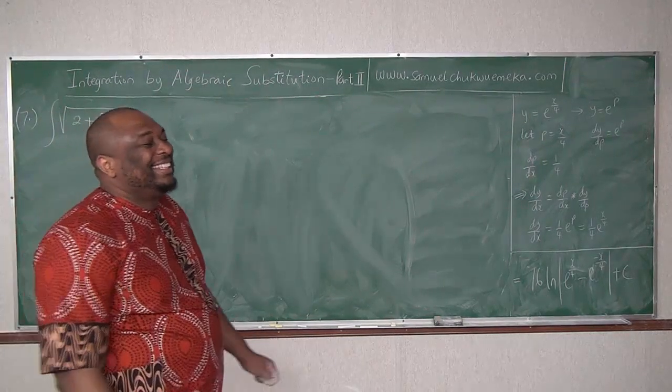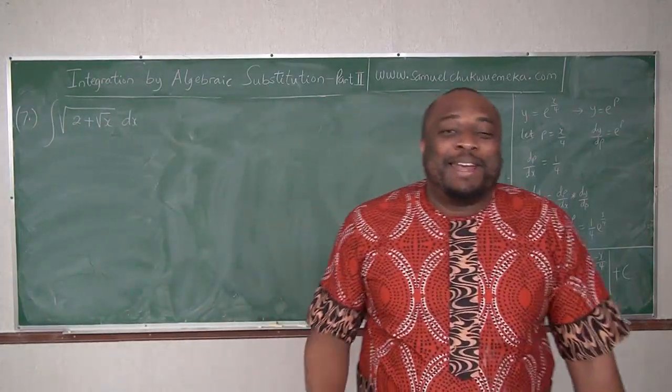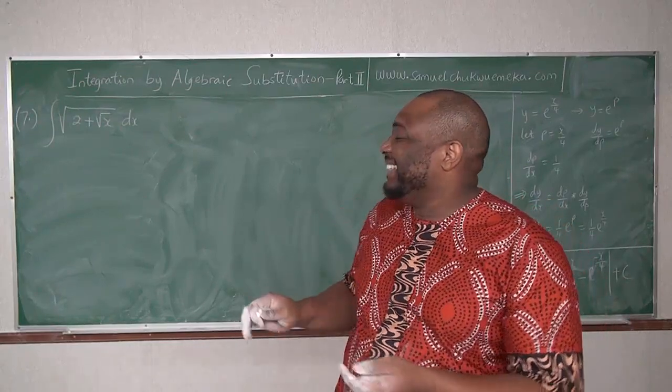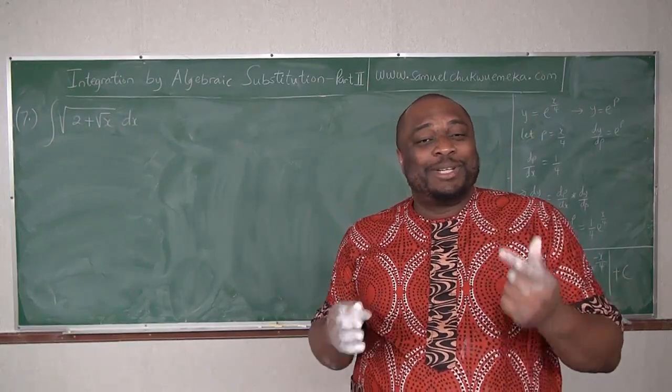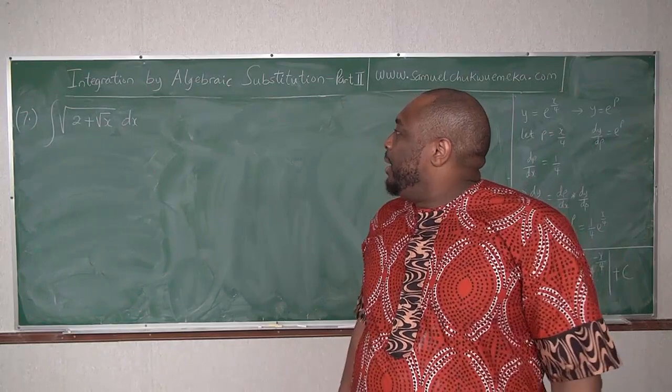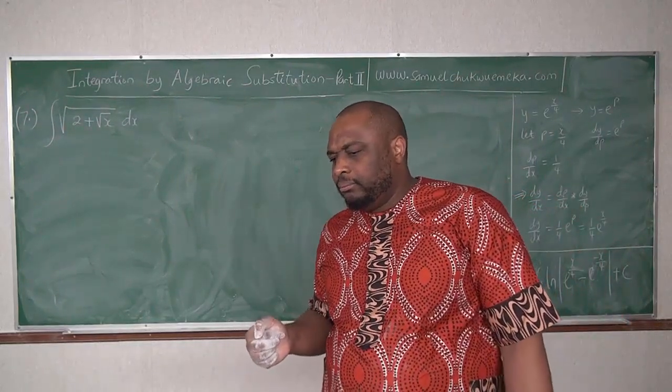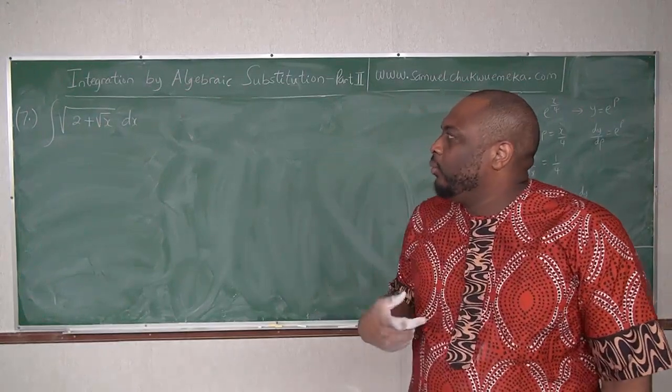So, you know, in mathematics, they twist stuff a lot. Okay, folks, how do we go about this? What do you think we should substitute?